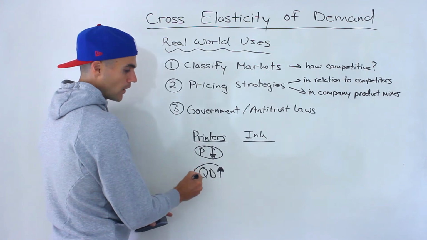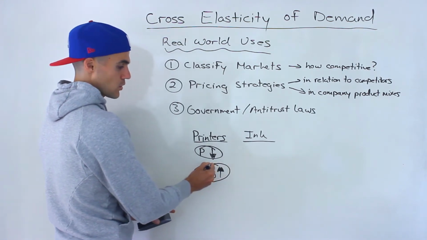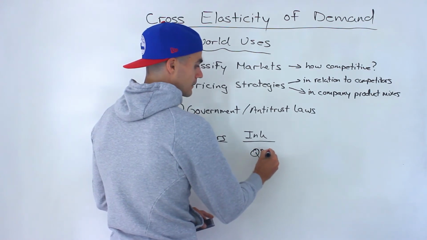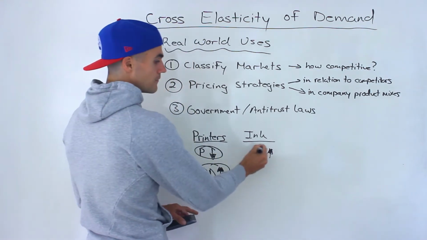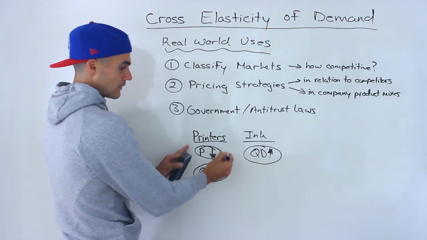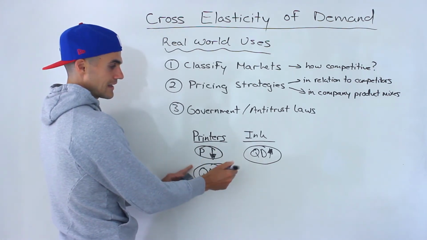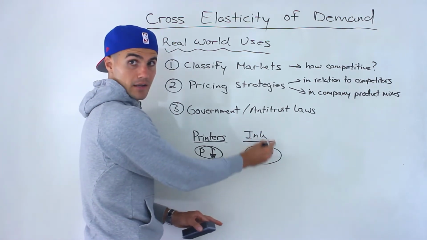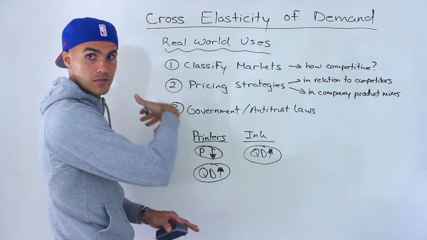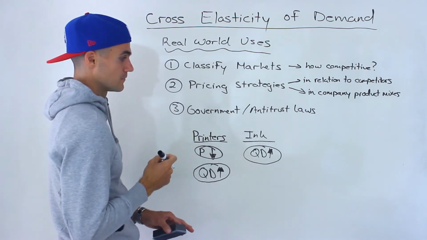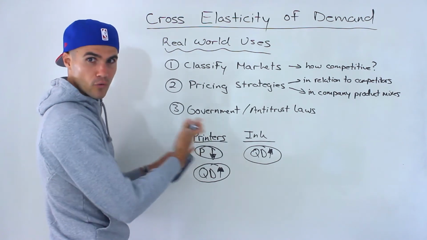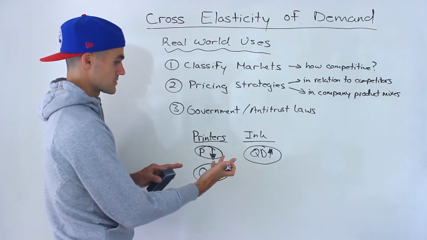But because the quantity demanded of printers is going up, the quantity demanded of ink is going up as well. And then let's say that the loss you take here is less than the gain you're going to make over here. Then for your overall company, that's going to be an increase in profit. And so you could use the cross-elasticity of demand to check for those kinds of relationships, right?